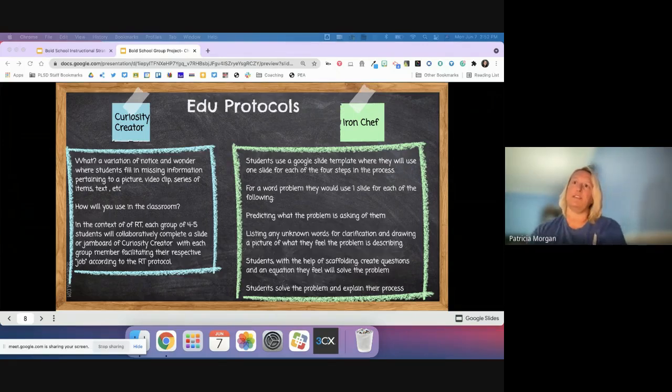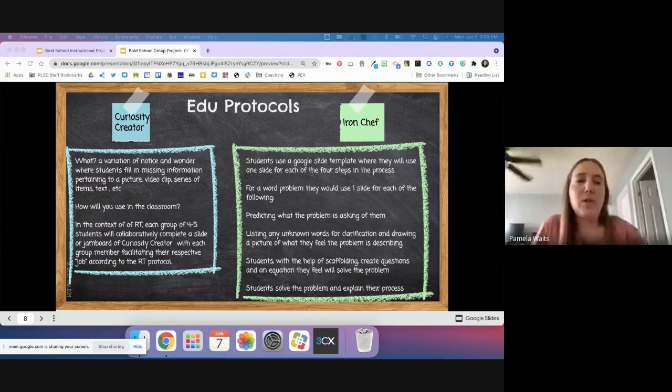I would use it with a group of 4 to 5 students. They could collaboratively complete a slide. You could make it in a Jamboard. You could make it in slides. And then each group member could fill it in as part of their job, whatever media you're choosing to have them use the protocol with.